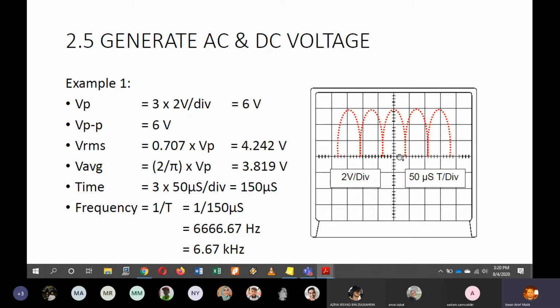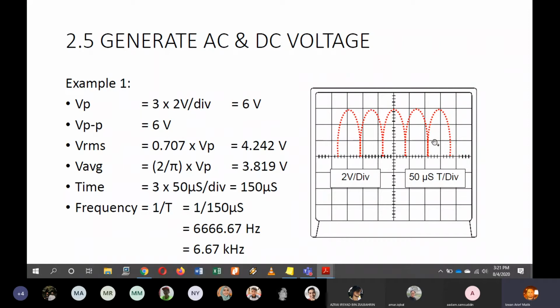So it means that from this line to this line is equivalent to 2 volts. But for your time axis, it is equivalent to 50 microsecond per division. So it means that from this line to this line, it is equivalent to 50 microsecond.